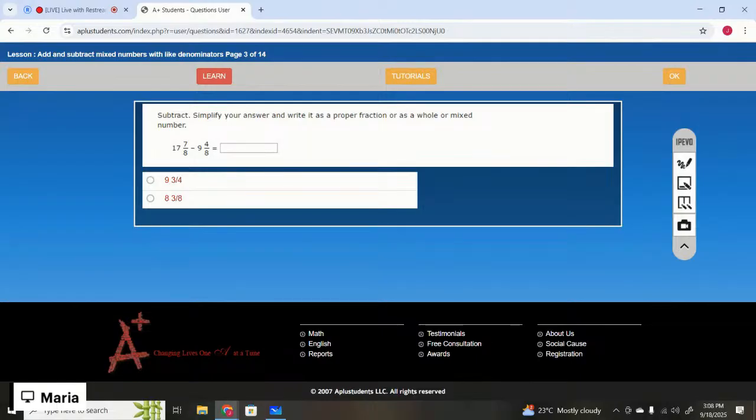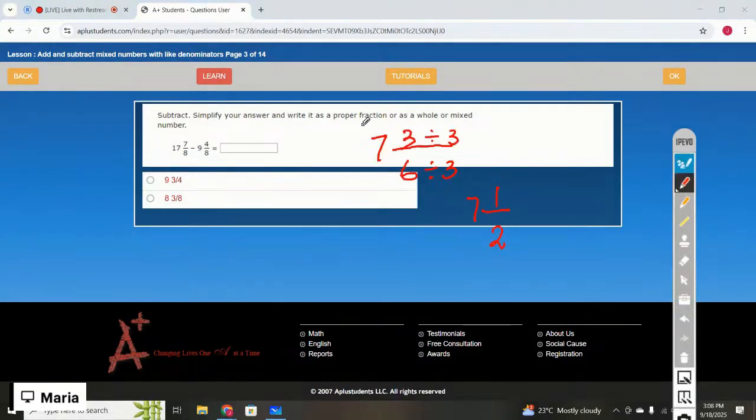Seventeen whole 7 over 8 minus 9 whole 4 over 8. Seventeen take away 9 is 8 whole. 7 minus 4 is 3.